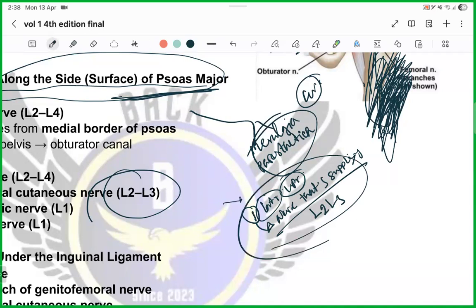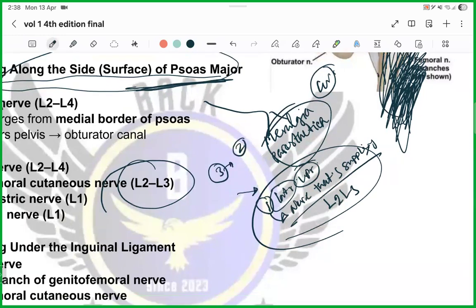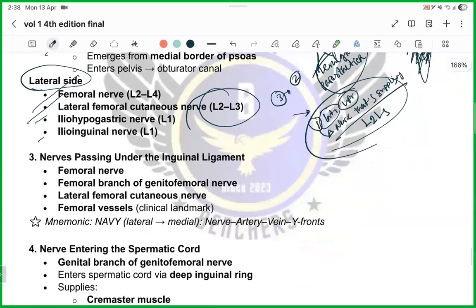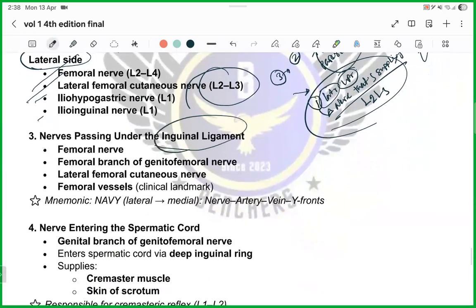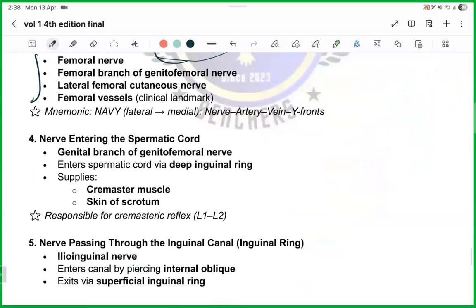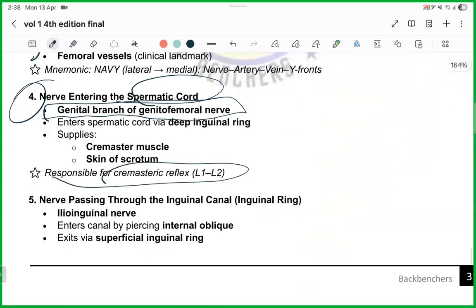Okay, and a very, very important question. If you have three diets in a year, in almost two diets they ask you this question in one way or another. Nerve passing under the inguinal ligament, remember all of these. Nerve entering the spermatic cord: remember the genital branch of genitofemoral nerve, responsible for the cremasteric reflex. So what is the afferent limb?